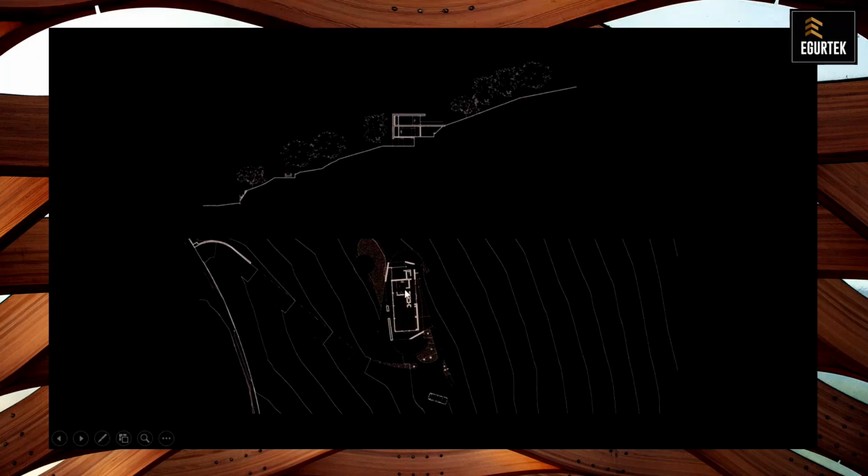And in this case, on the slope, the house was situated here, as you can see, and we proposed several terraces. A terrace for the living room and another terrace for the children.